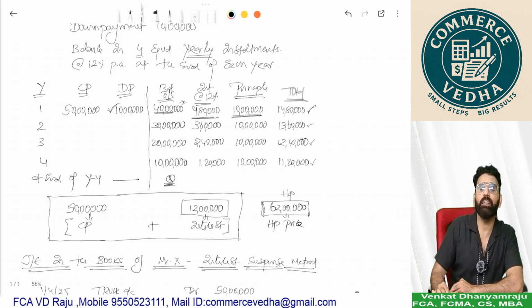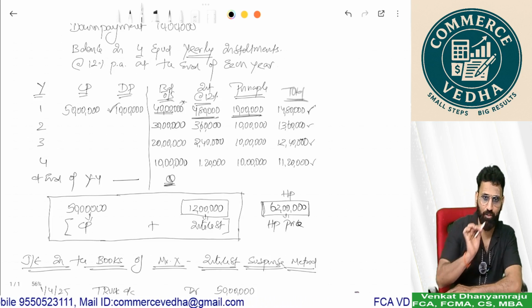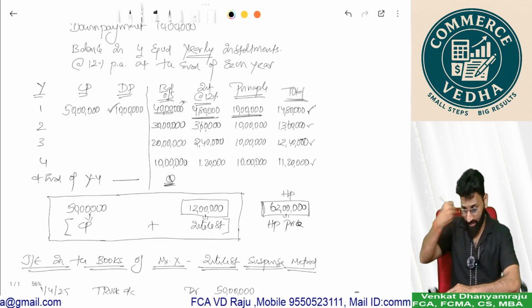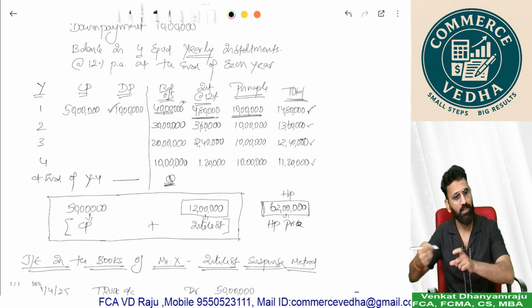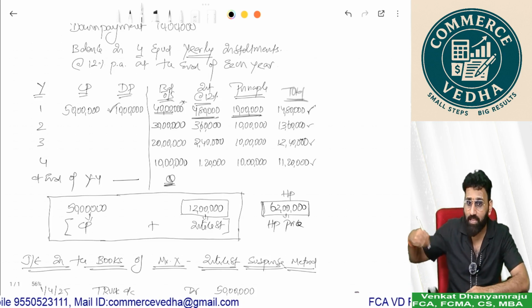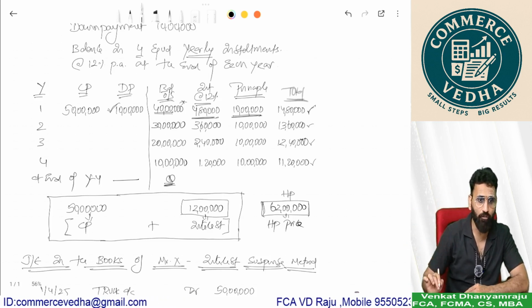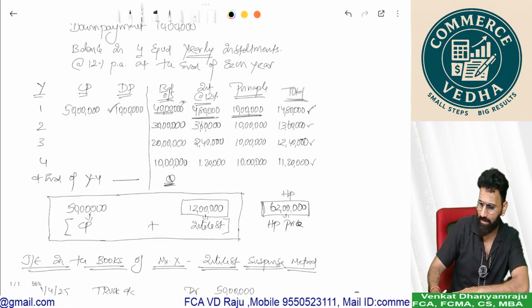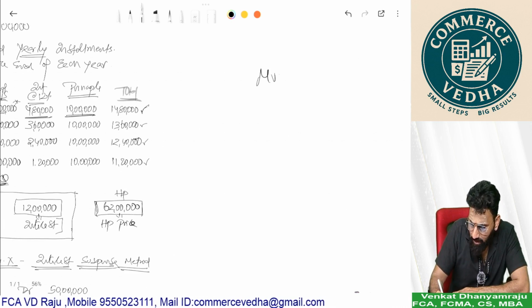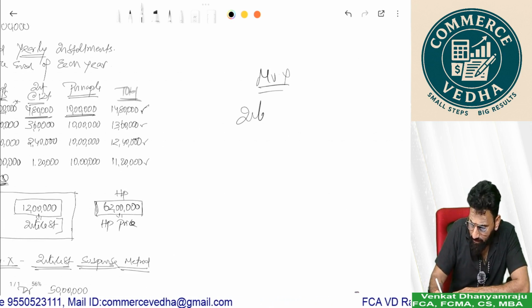The entire interest we debited to suspense, credited to the vendor, and whenever due, debit interest, credit suspense for that year. Second year, debit interest, credit suspense. Suspense should be 0 at the end of fourth year. How is it? Let us pass this in the books of Mr. X. Interest suspense account.